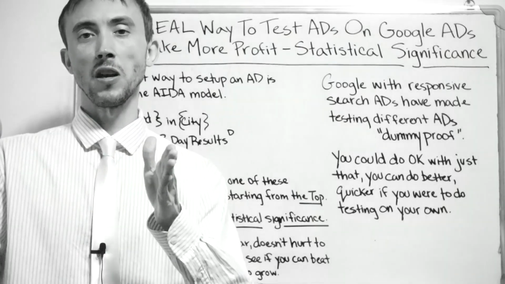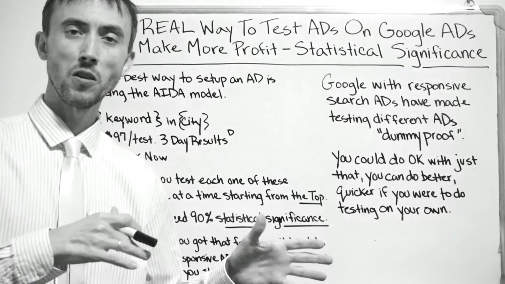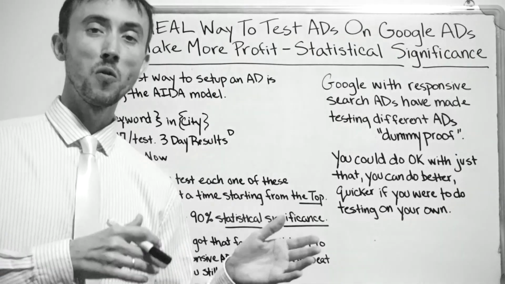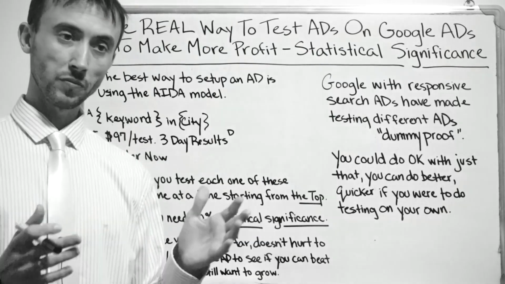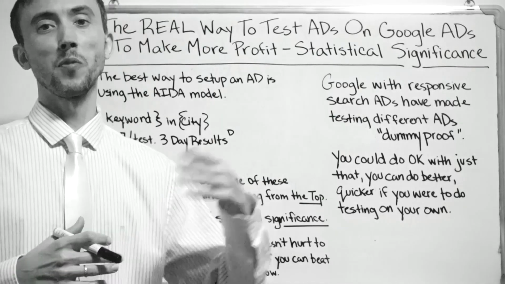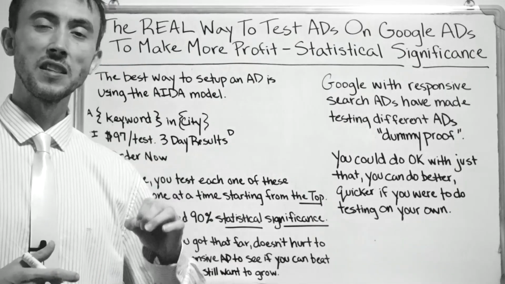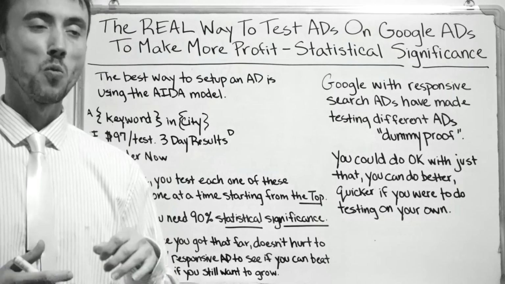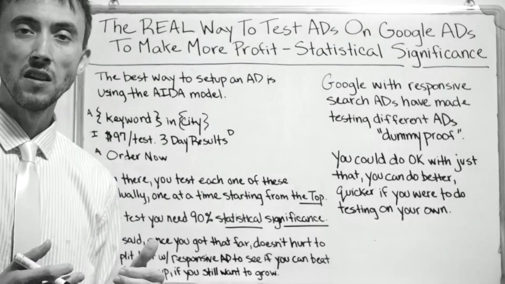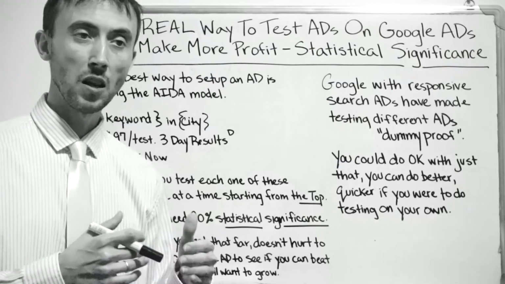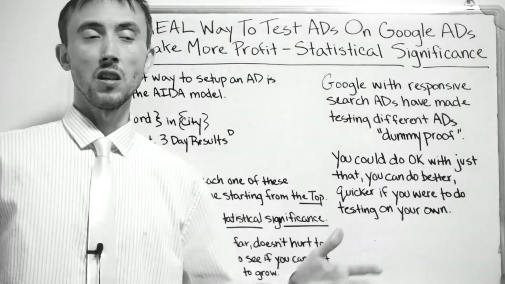Then you see if the calculator says you have over 90% statistical significance in your test result. If you have not, you keep running the test until you have 90% plus statistical significance, because that's the minimum threshold where you could definitively count on the test actually panning out over the long run, over thousands and thousands of clicks.